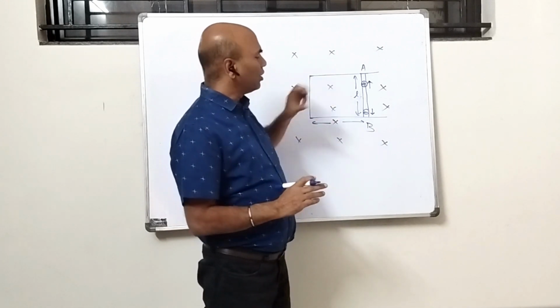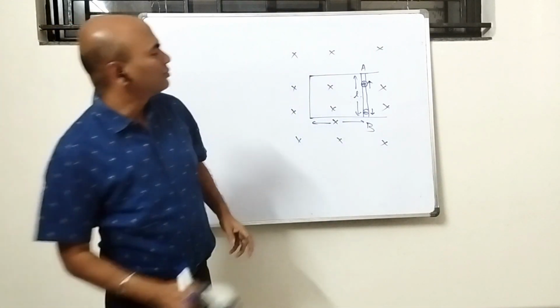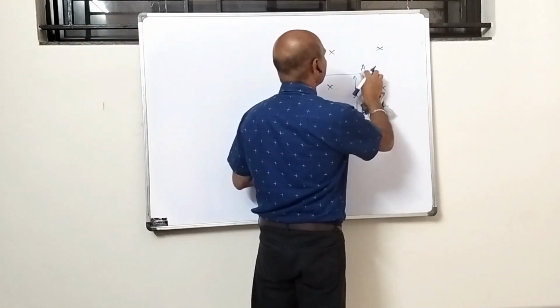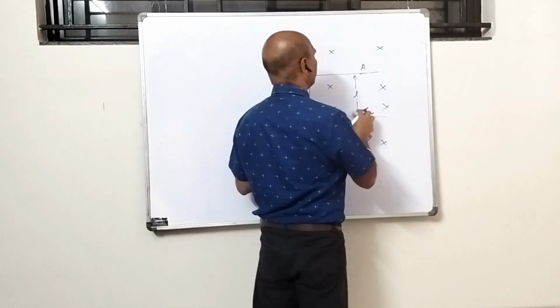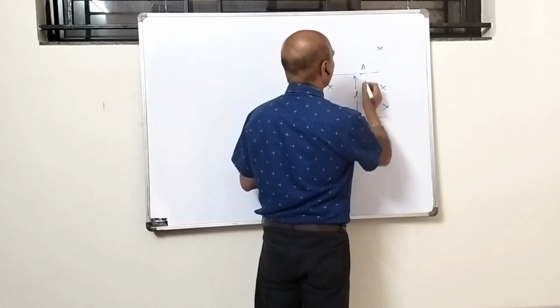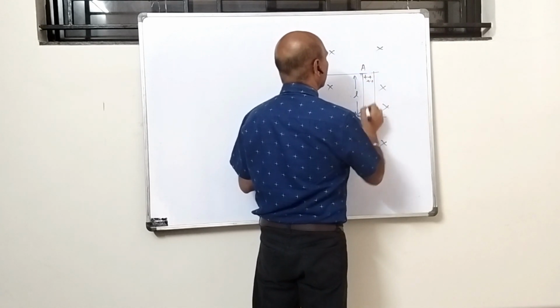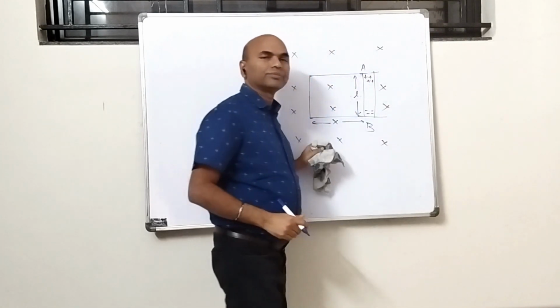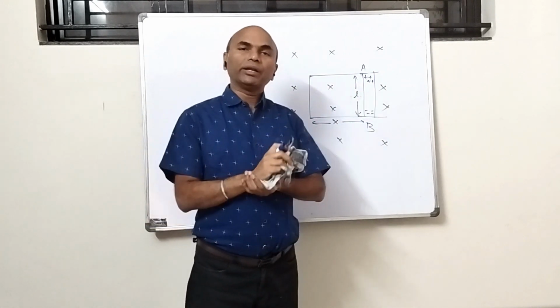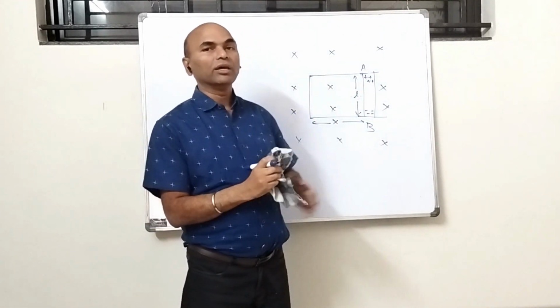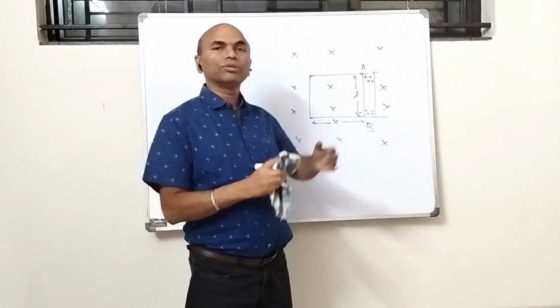So that now after some time you have the situation where it becomes like this, all the positive here and all the negative here. So is it not like a battery which is having positive on one side and negative on the other side?